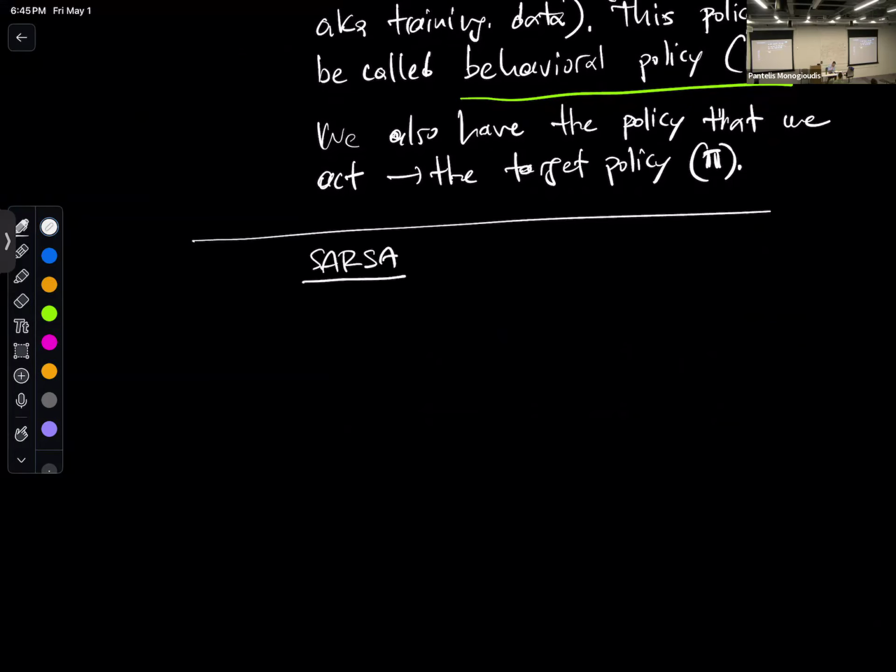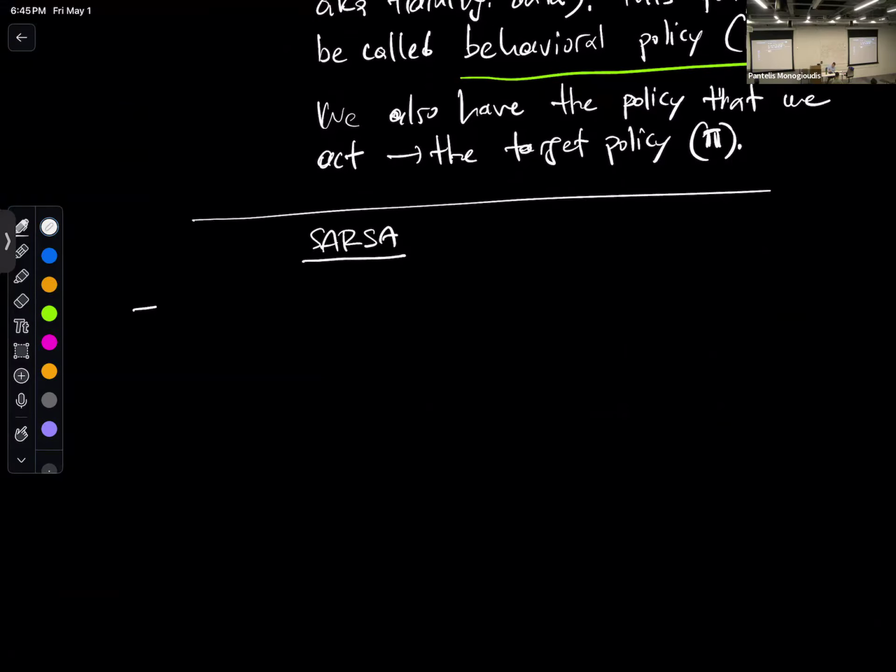So what on earth is SARSA? It is based entirely on the TD prediction of the Q value. By the way, the name looks a bit strange, but it stands for state, action, reward, state, action. Plenty of terms here.